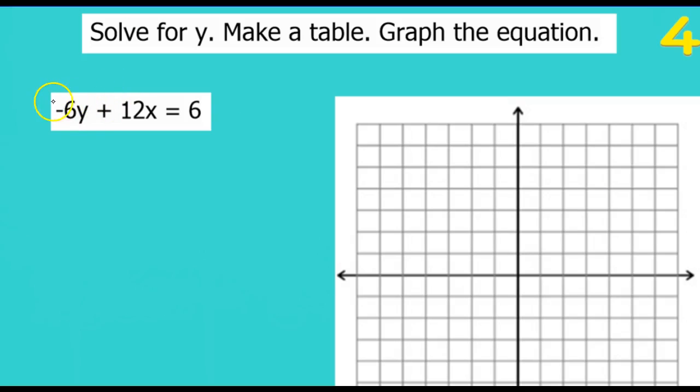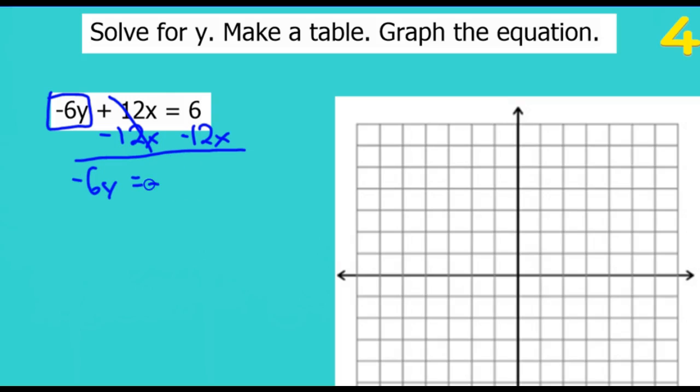Next one, we got to solve for y. We're trying to get y by itself. So I'm going to subtract 12x from both sides. We get negative 6y equals a negative 12x plus 6. Divide by negative 6 on everything.